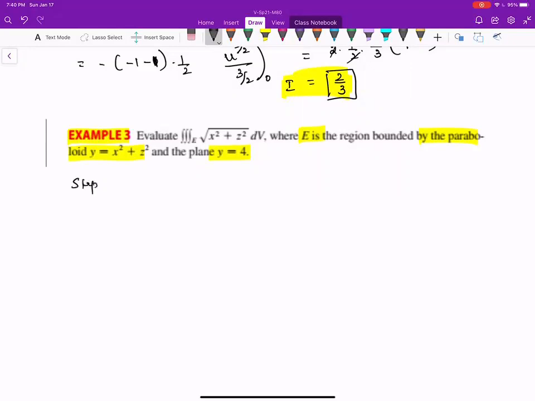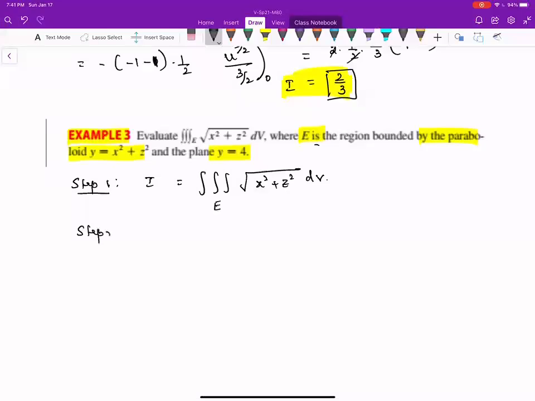For the first step, we will call the given triple integral I, as we normally do. Triple integral over E of the square root of x squared plus z squared dV. So what is E? E is the solid region bounded by the paraboloid y equals x squared plus z squared and the plane y equals 4.